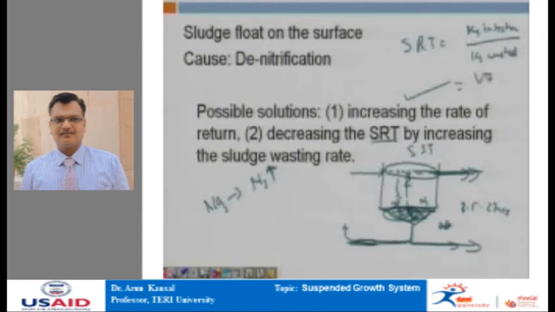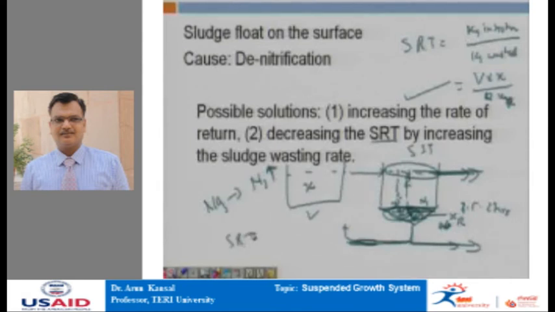This is equal to the volume of the aeration tank times the concentration of the microorganisms, divided by the sludge wastage times the concentration of the sludge at the bottom of the aeration tank, that is XR. So, this is how the solid retention time is found out. In the aeration tank, we know the volume of this tank, we know the bacterial biomass, and we know the bacterial concentration in terms of XR.